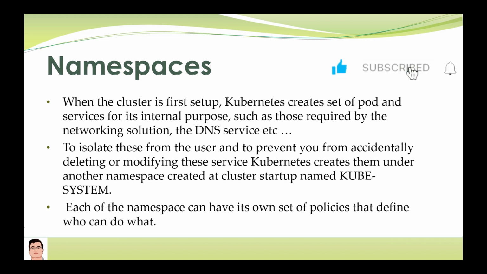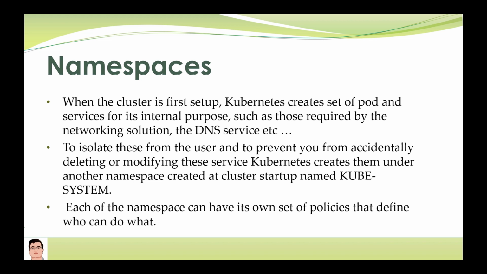They have the kube API server, the controller manager, etcd, and the kube scheduler, several types of static pods created to manage the Kubernetes cluster. So at that time they create a new namespace called kube-system.